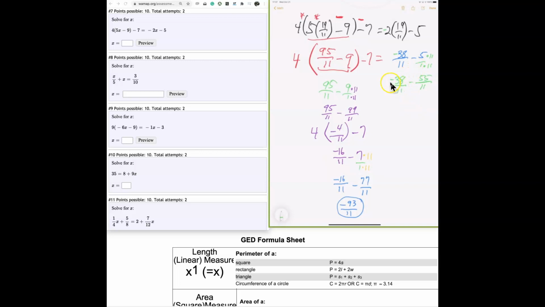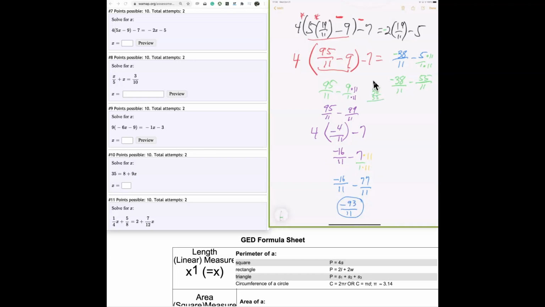And negative 38 minus 55 elevenths. And so 38, negative 55, you're combining the numbers and keeping the negative sign. Since we know they're negative, we can add the amounts.